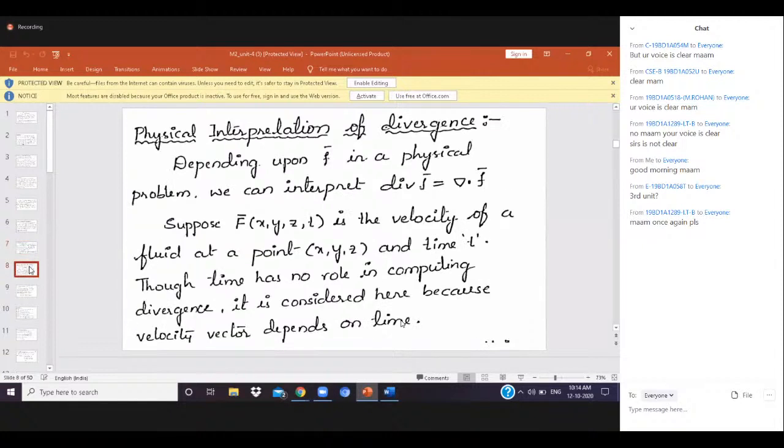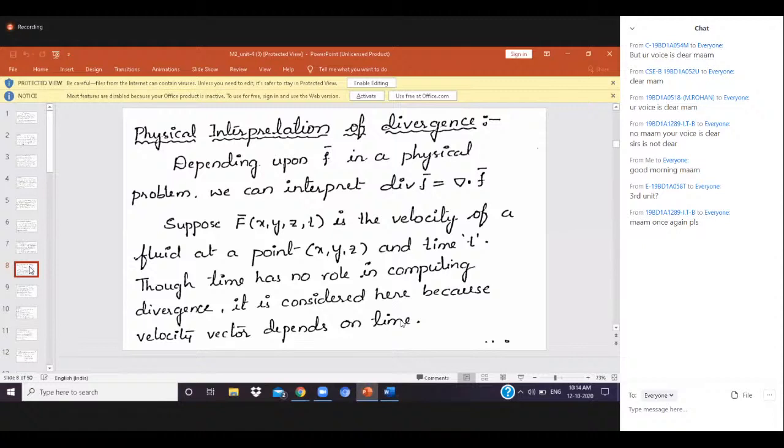Now coming to the physical interpretation, what will work in the gradient? For that, I'm explaining roughly. For your understanding, I'm giving one example. Take two buckets of water. The movement is going on there, it is just rotating.